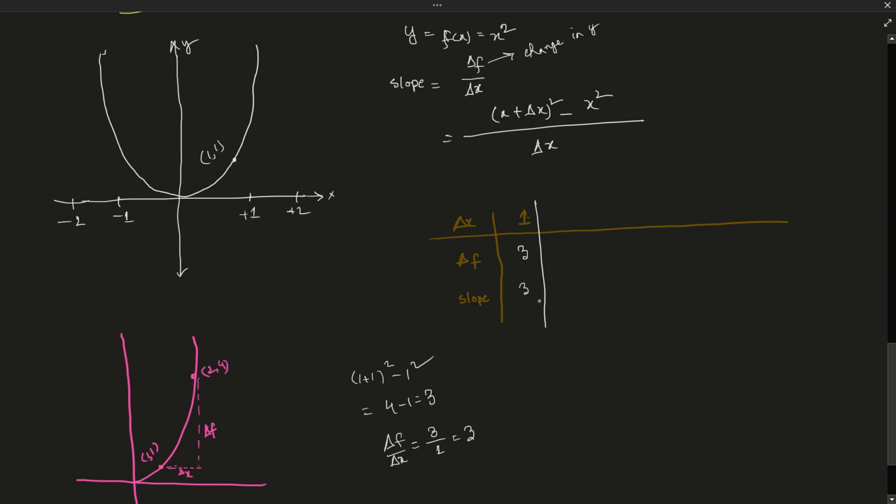So next, if we make del x half, suppose we have here 1.5, and we have 2.25.